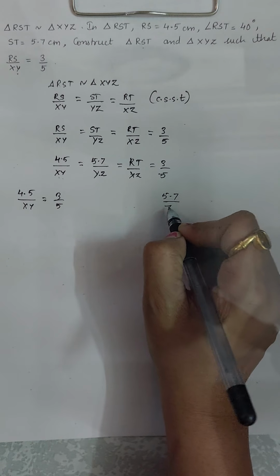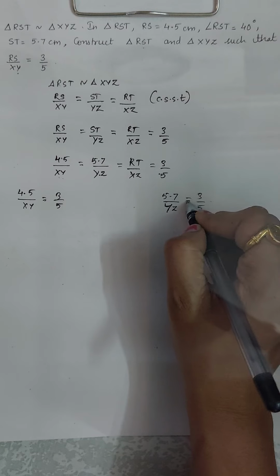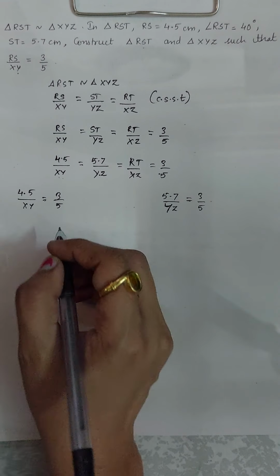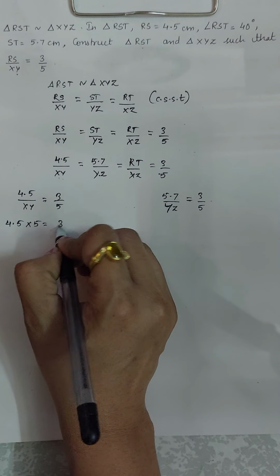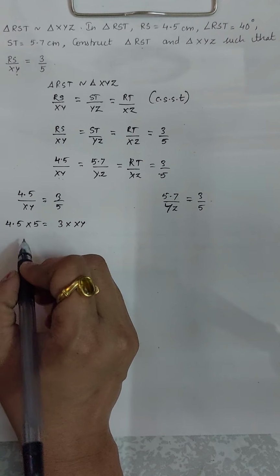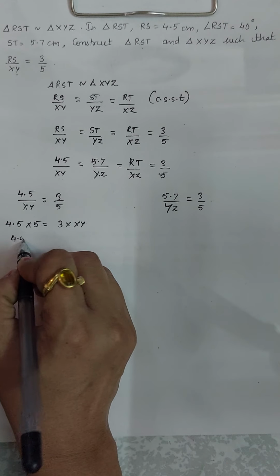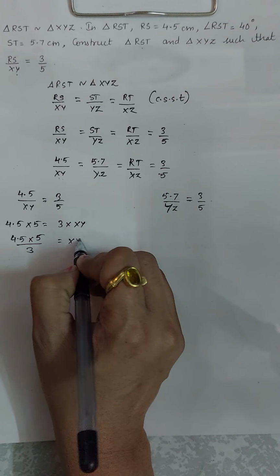5.7 upon YZ is equal to 3 upon 5. Okay. Now we're going to cross multiply. So 4.5 into 5 is equal to 3 into XY. So 4.5 into 5 upon 3 is equal to XY.